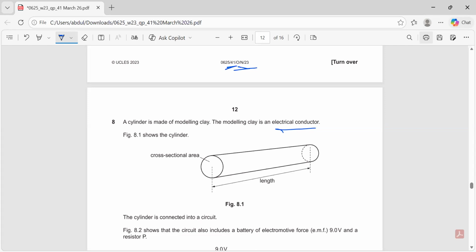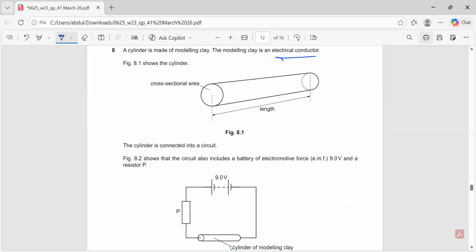Like we can get a cylinder of a particular dimension, or a cube of particular dimensions, and like this. So this is a very useful resource from the practical exam point of view.